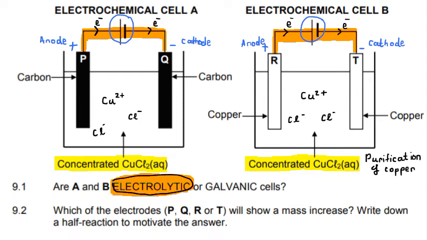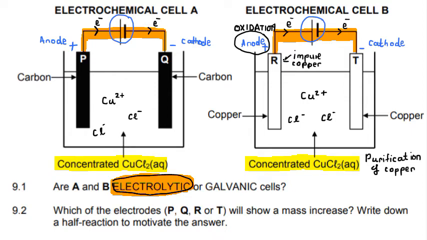Well, we know that the impure electrode, like I just said, needs to undergo oxidation. So where does oxidation occur? Oxidation always occurs at the anode. So this is where oxidation occurs, which means that electrode R is impure copper.